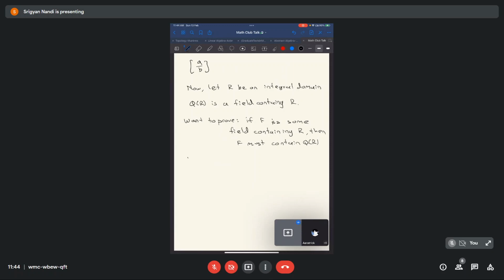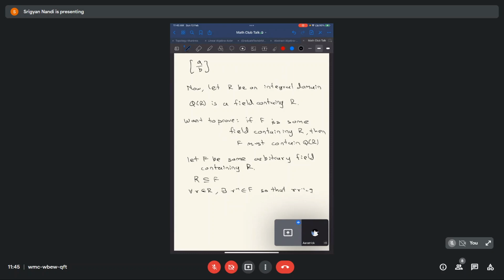Okay, so let F be some arbitrary field containing R. So R is a subring of F. Nice. So now every element of R has an inverse. For all r belonging to R, there exists an r inverse belonging to F, so that r times r inverse equals 1, right?